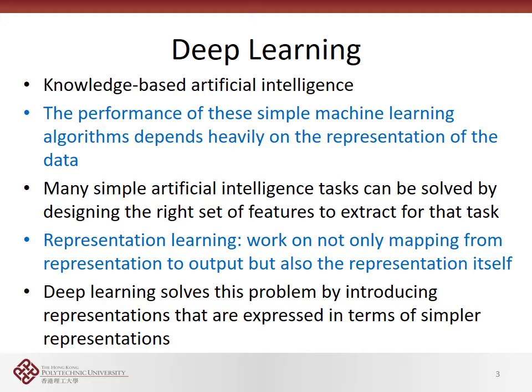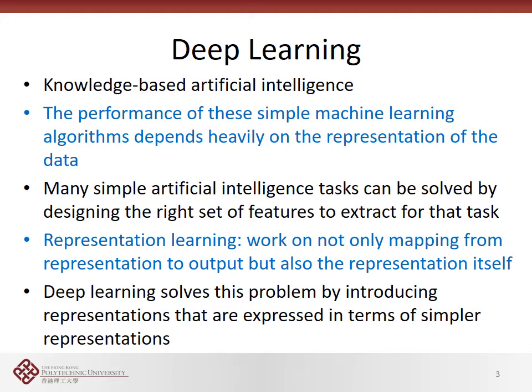But the performance of these simple machine learning algorithms depends heavily on the representation of the data. If you have a good representation of the data, the model can perform very well in this task. But if you cannot represent the data well, in many cases the knowledge-based AI may fail in such a task.